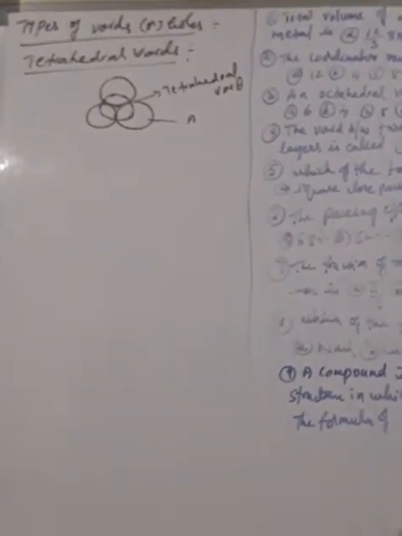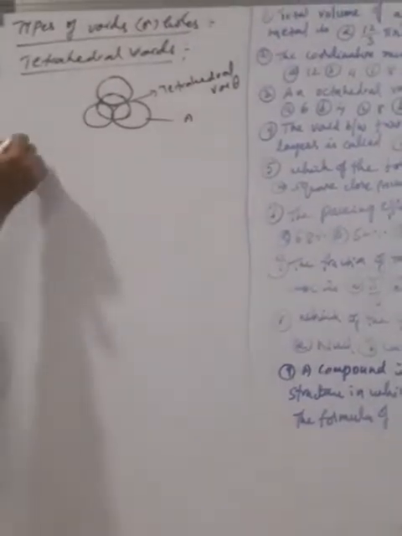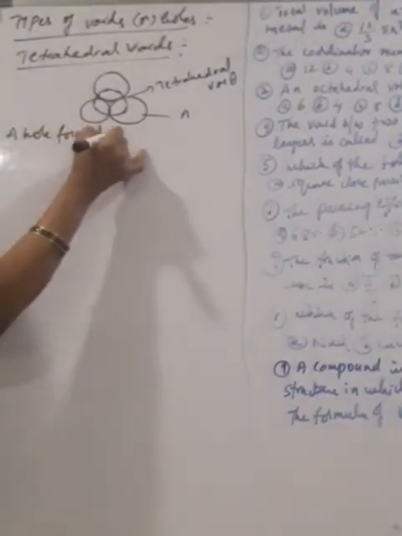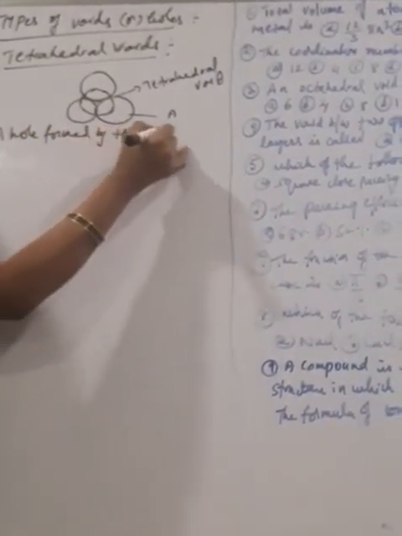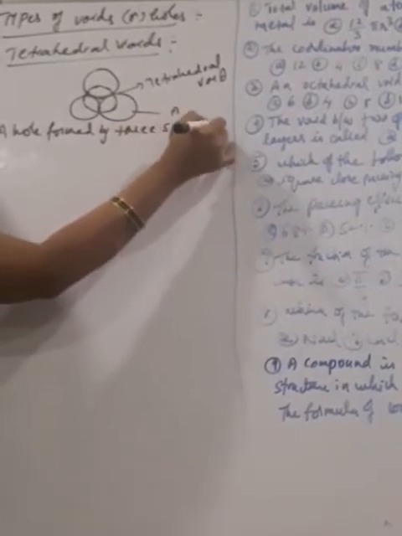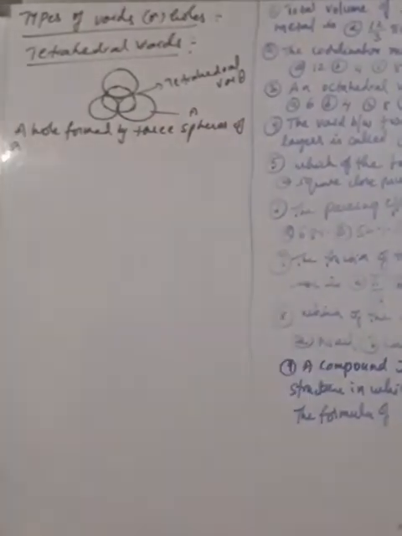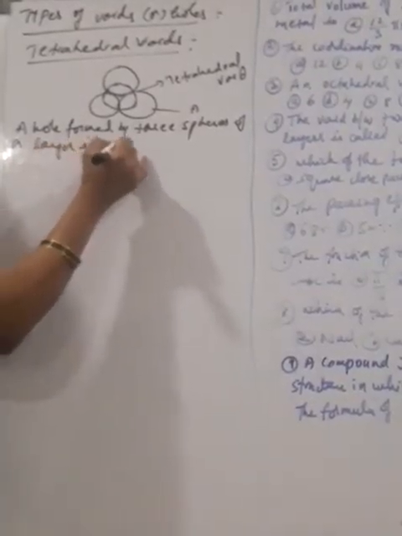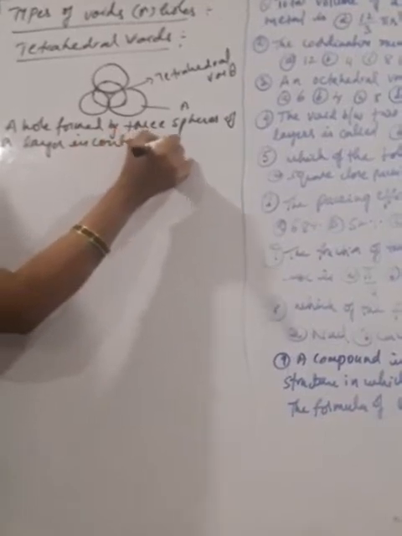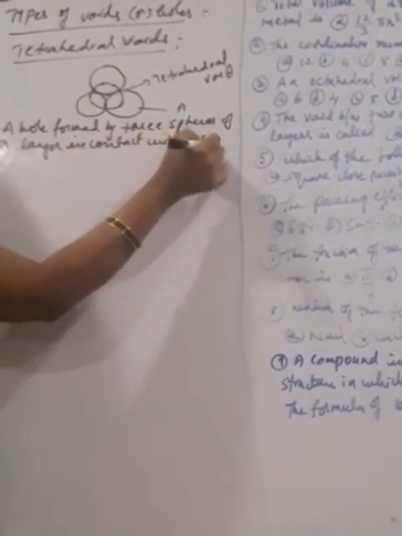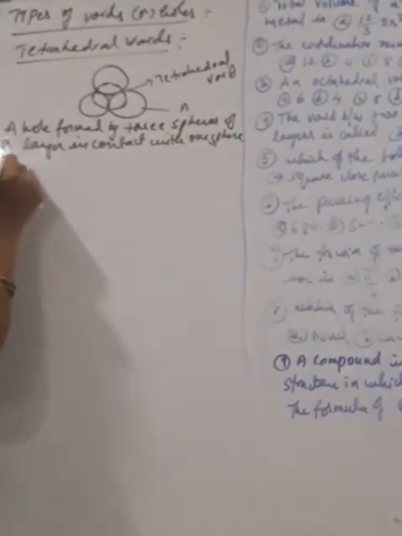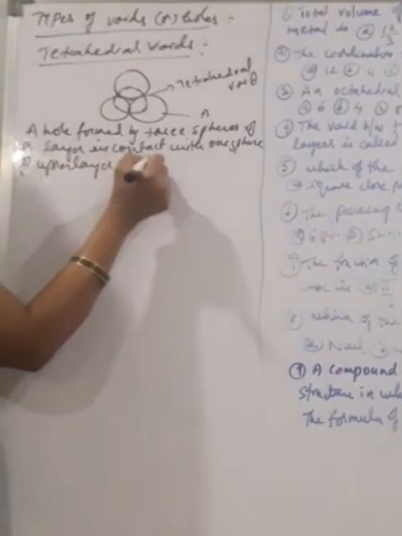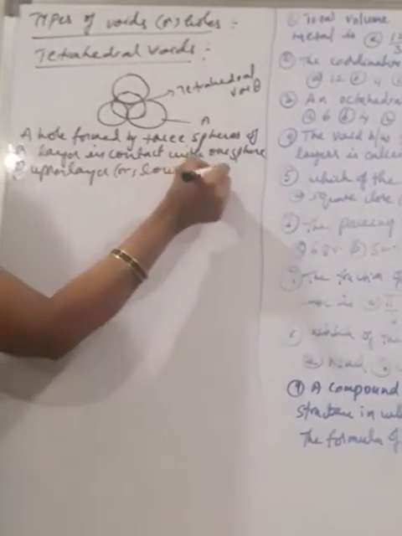A tetrahedral hole is a hole formed by 3 spheres of a layer in contact with 1 sphere of the upper layer or lower layer.